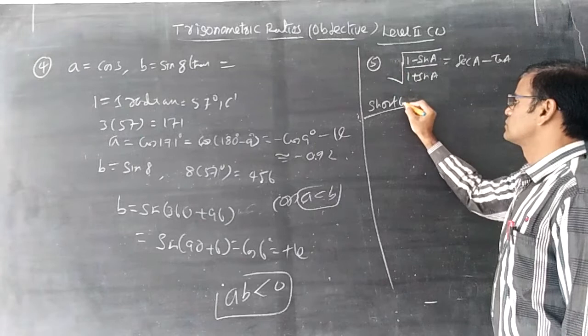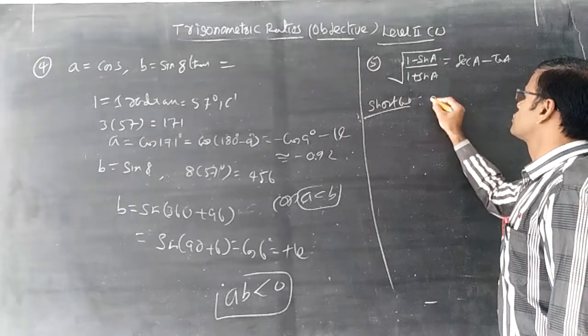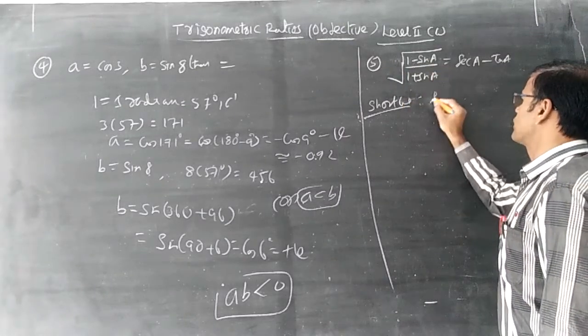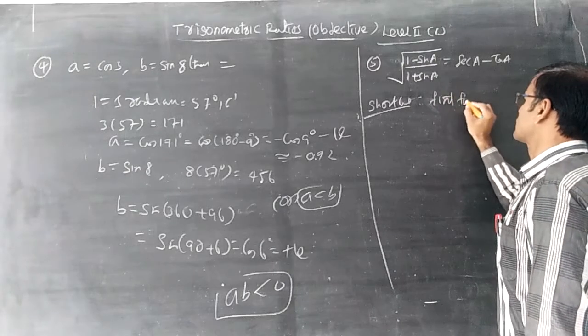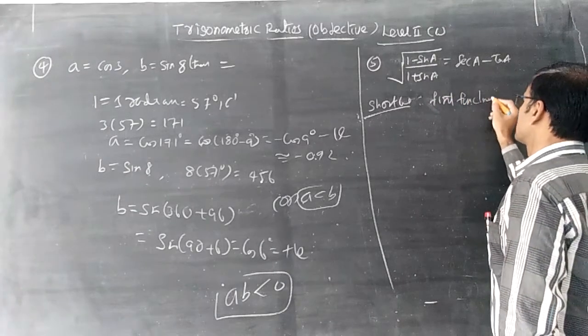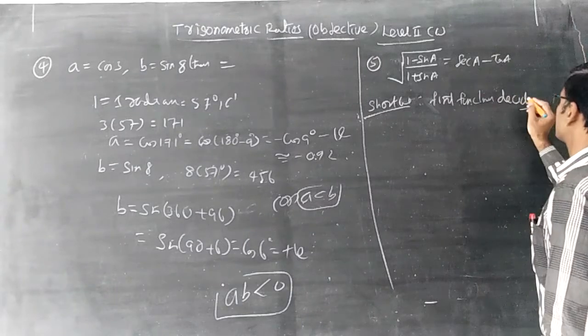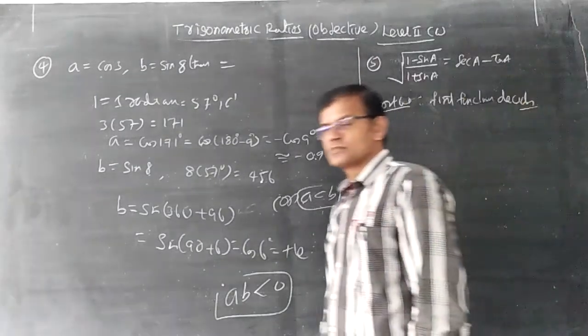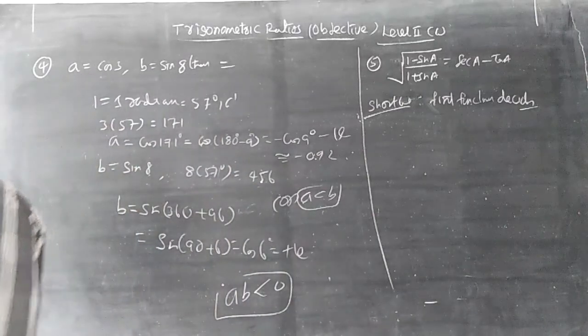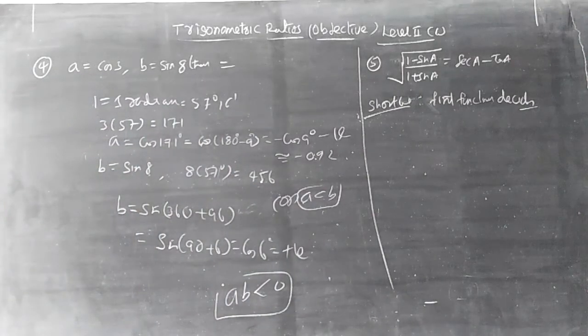In this root model question, the first function decides. So what is the process? You should rationalize. I think you faced this question in 10th class.